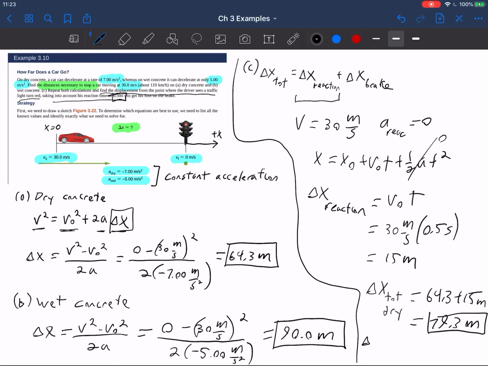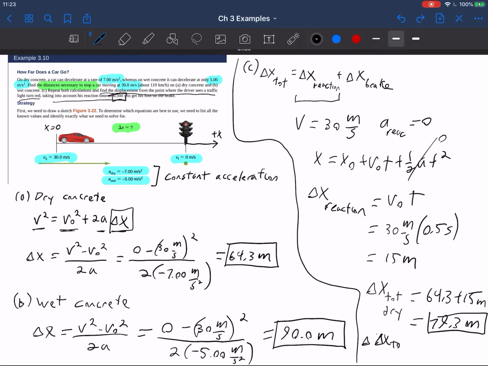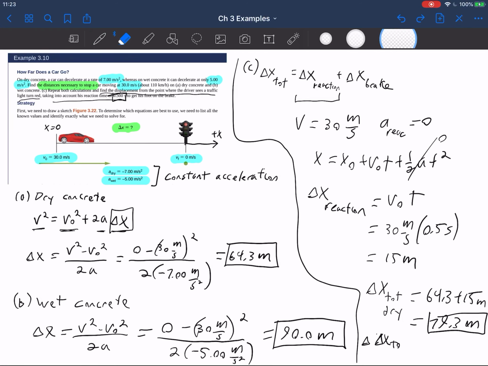And for wet pavement, delta x total wet is going to be our reaction, which is 15, plus our brake distance, which was 90, and so that gives us 105 meters. Okay, barely fit it all on the page, but we got it all done. So okay, that's that problem.